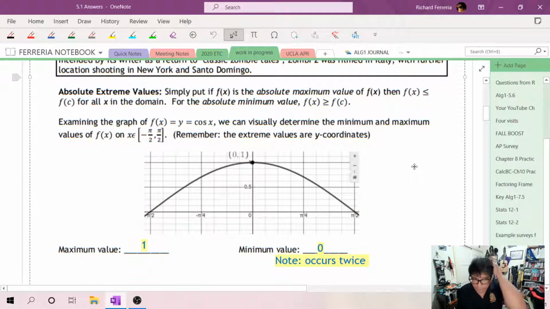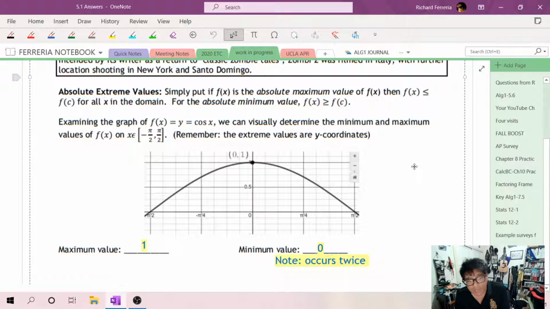To correctly respond to this, we have to say what the maximum value is and what the minimum value is. These are the y-coordinates. The maximum value, the highest point, has a y-coordinate of 1. The smallest y-coordinate that we're going to see is 0.